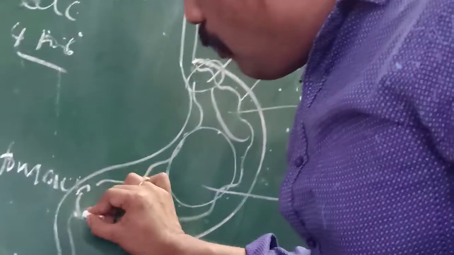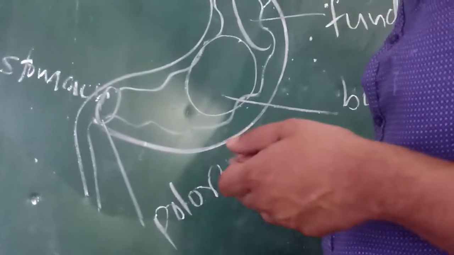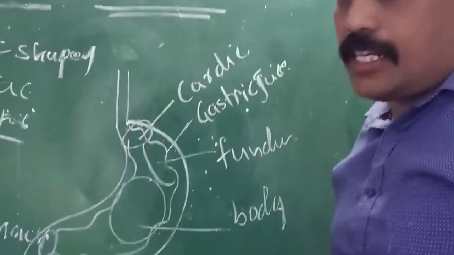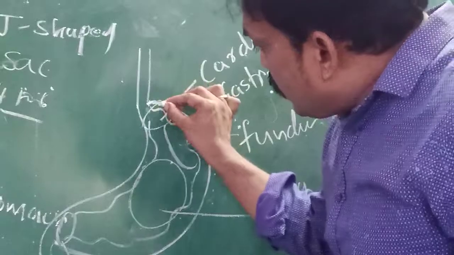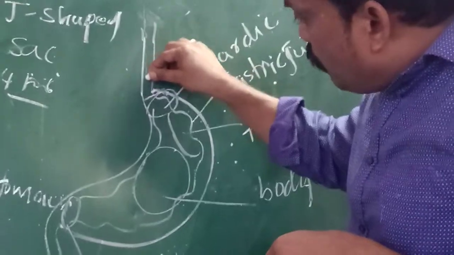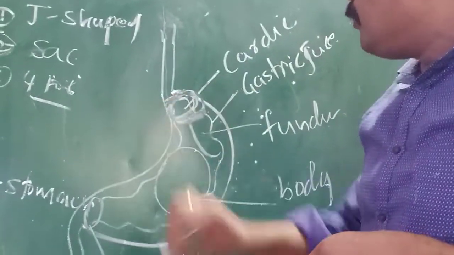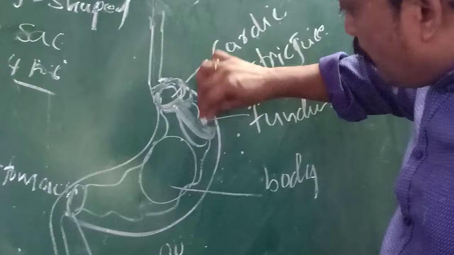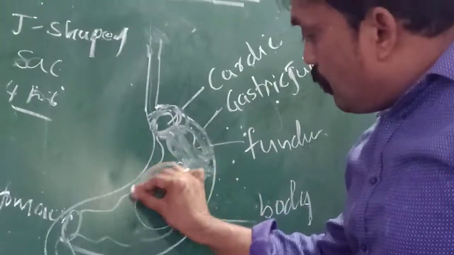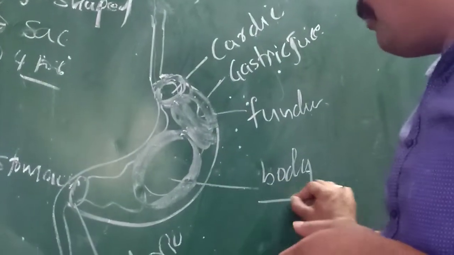This place we call the pyloric region. Through the esophagus, food enters the stomach at the cardiac region. After the cardiac region is the fundus region, and after the fundus, the middle of the stomach, we call the body.